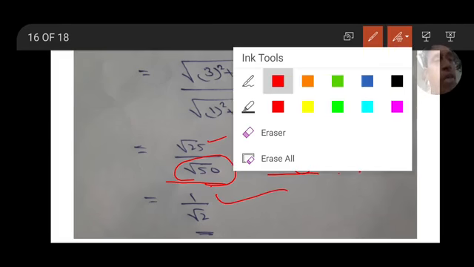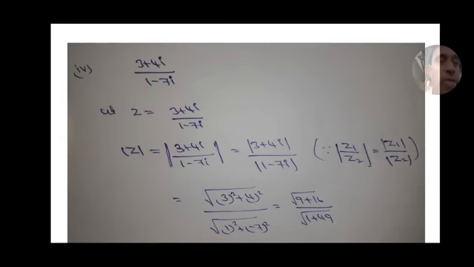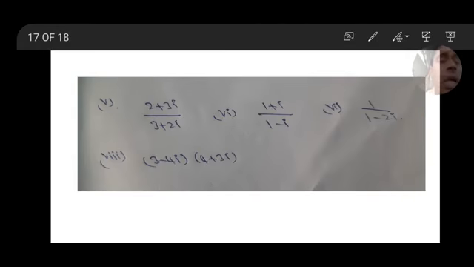It is the modulus of a given complex number. It is modulus of z1 by z2, that equals mod z1 by mod z2. Okay, next, homework problems. 2 plus 3i by 3 plus 2i, that is the fifth problem.